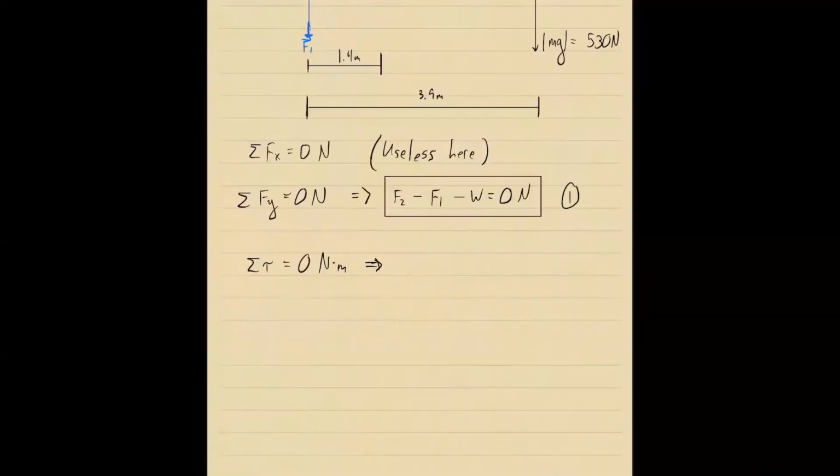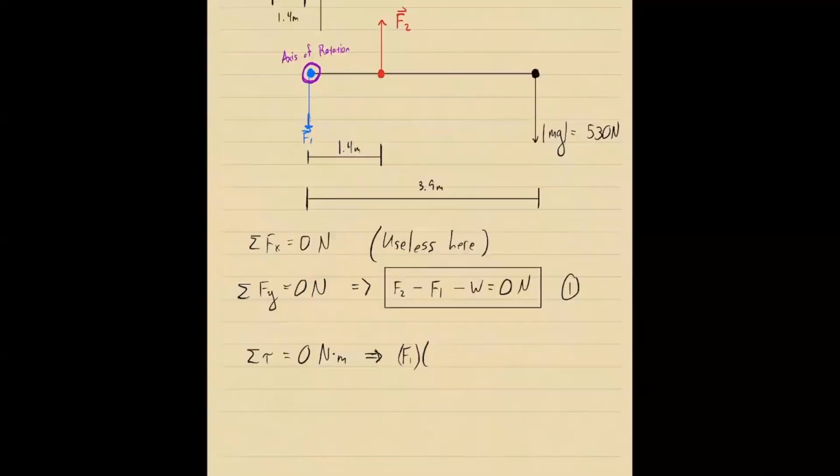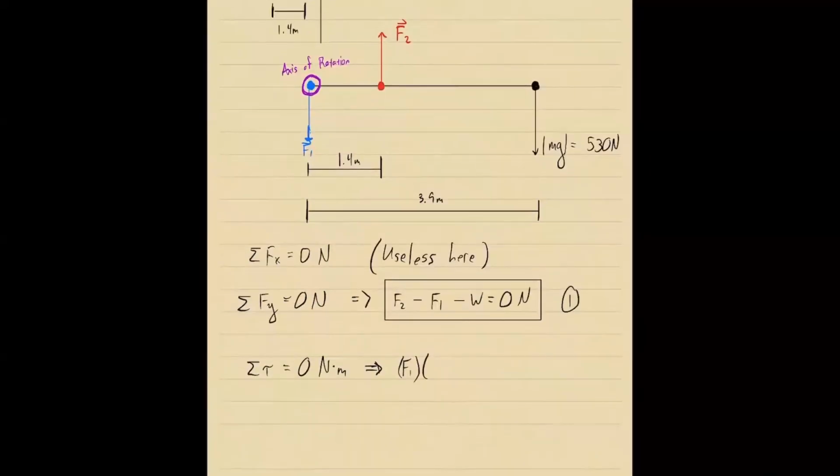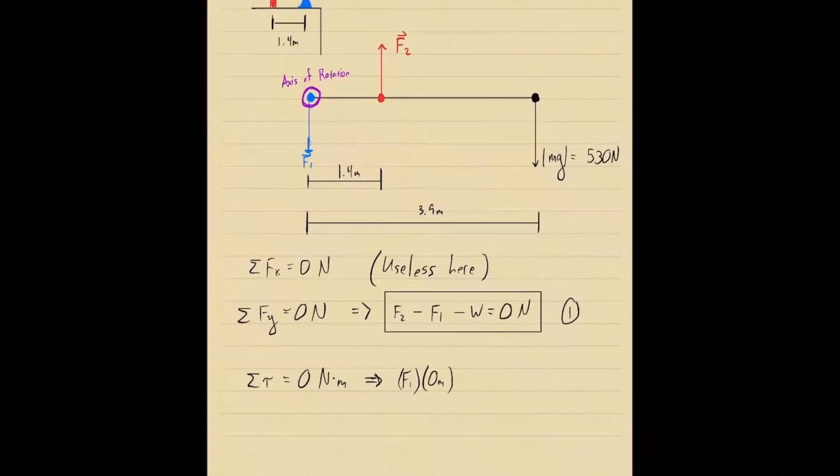So we'll say that this is positive. So the torque is going to be F1 times the lever arm distance, right? The distance away from the axis of rotation. But this force F1 is being applied directly to the axis of rotation. So it has a lever arm length of 0. Right, so that's gone.